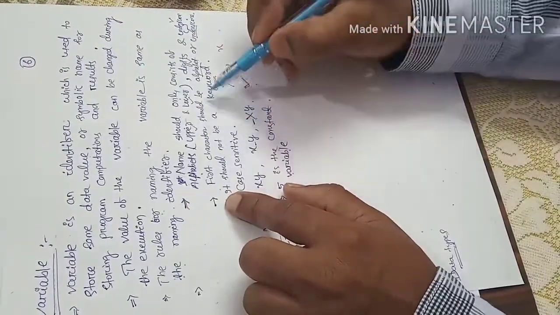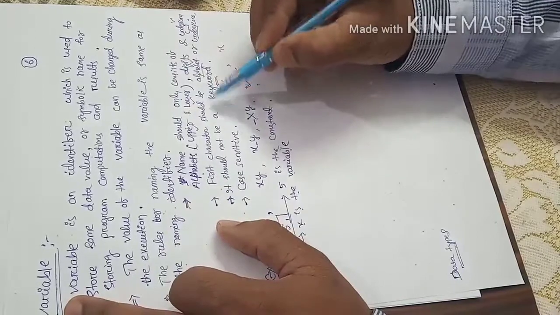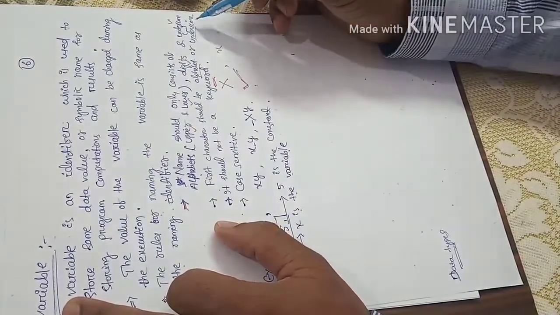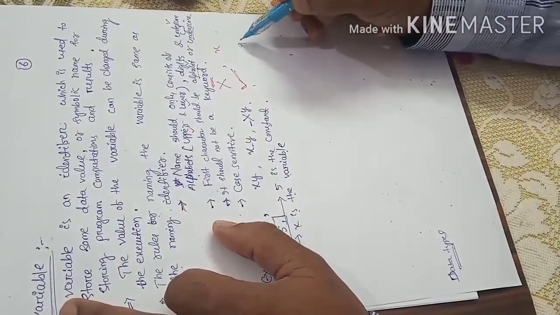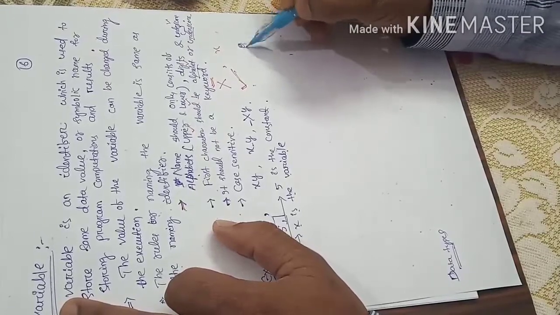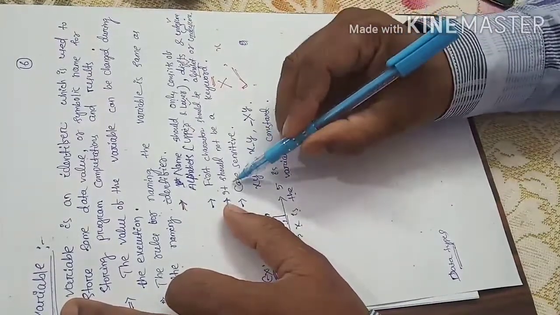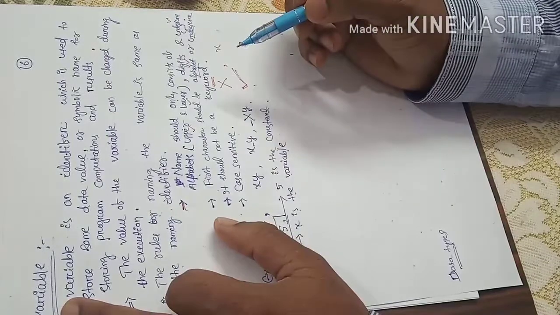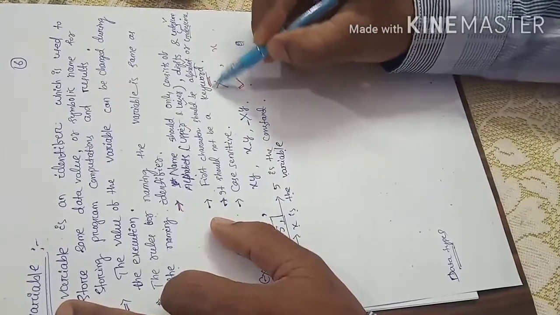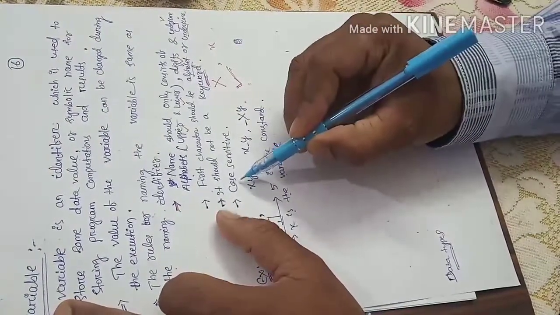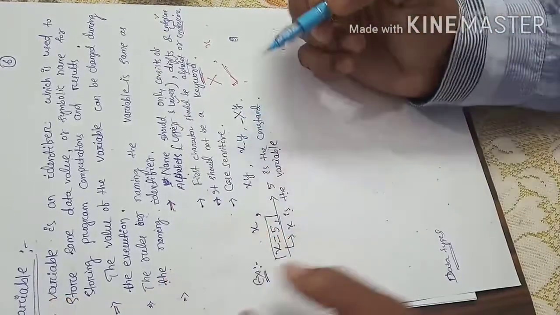The first character of a variable should be an alphabet or underscore. We cannot start with any digit. It should not be a keyword. So we saw what is keyword.